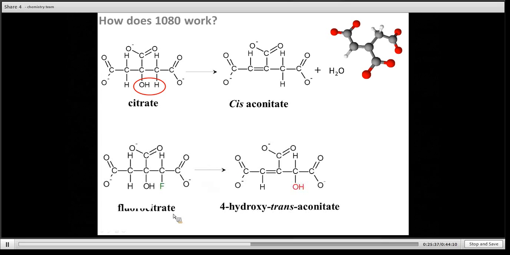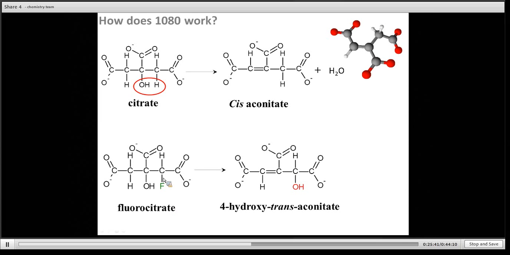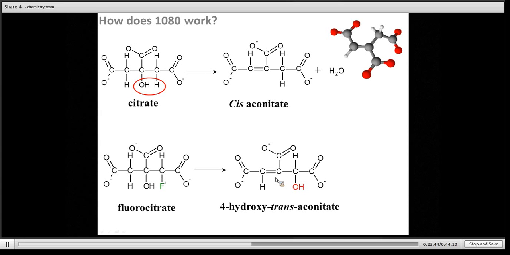Now, when I've got the fluorocitrate, it does this without a problem. Okay, it makes the double bond, just like it did over there. However, in the process, it removes the fluorine and it replaces it with an OH. And so we've still got this chiral compound over here, and this is what locks on.